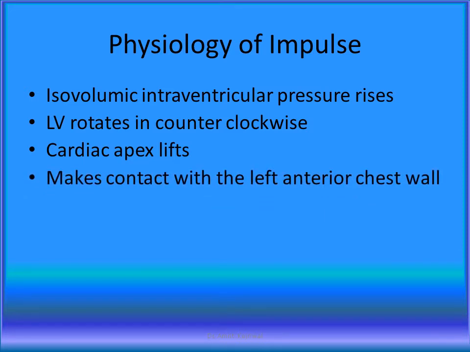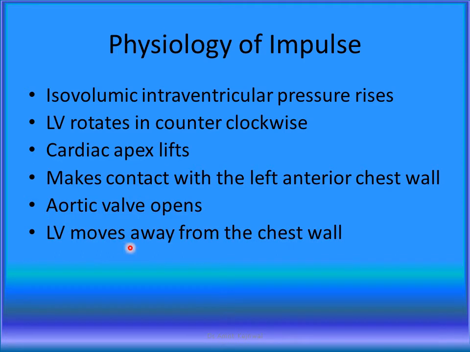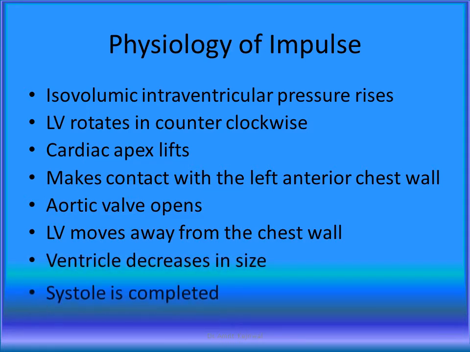As the cardiac apex lifts, it makes contact with the left anterior chest wall and the aortic valve opens. So the isovolumic intraventricular pressure goes on increasing, opens the aortic valve, and the isovolumic phase finishes. And as it finishes, the left ventricle moves away from the chest wall and the ventricle decreases in size and systole is complete.